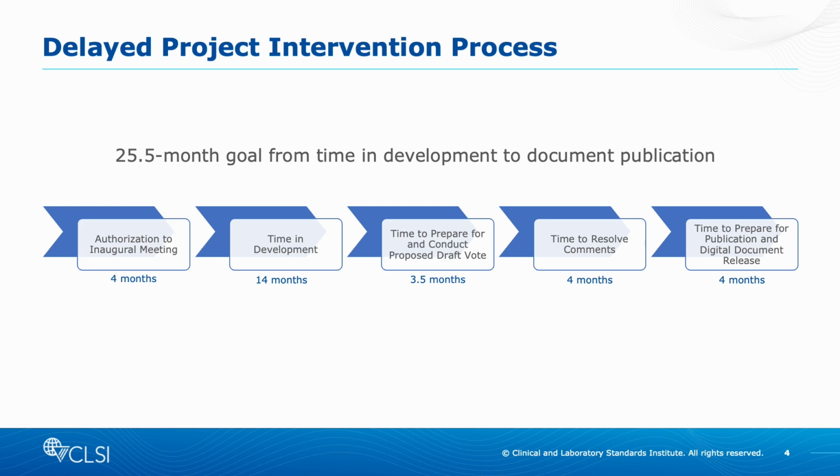Currently, on average, the time spent in document development is 25 months versus a goal of 14 months. While the average may not seem significant, delays in development create notable downstream effects resulting in a need to shift timelines, document priorities, publication projections, and staff resource allocations for the late document as well as other documents.